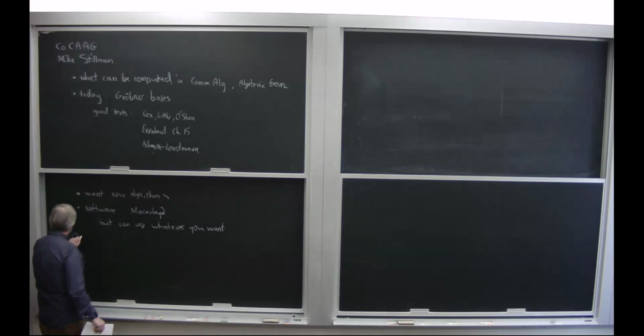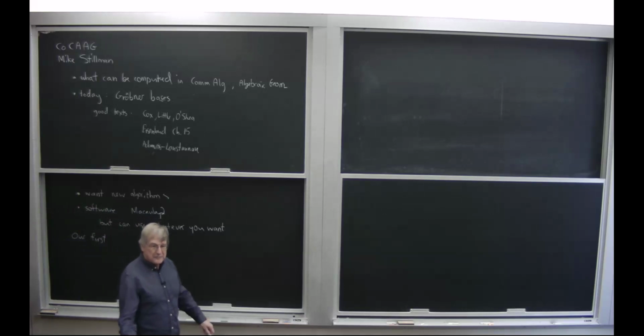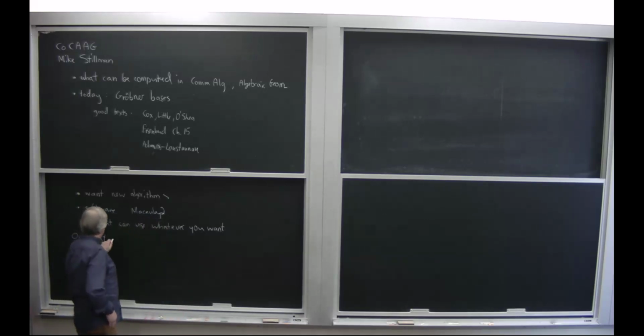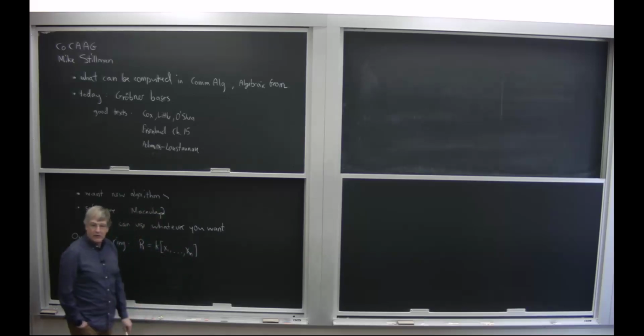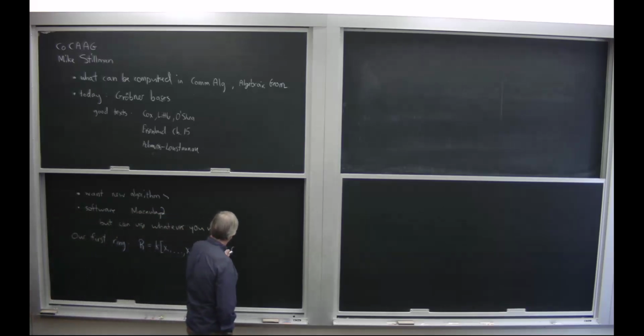So our first ring. Commutative algebra is the study of commutative algebras, rings, basically. Our first ring that we will be interested in for quite a lot of time is R equals K adjoin x1 to xn, or whatever variable names we want to call them. Here K is a field.